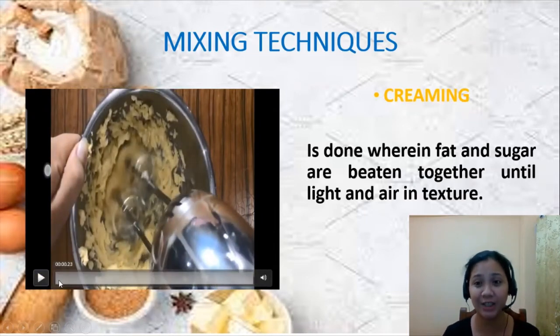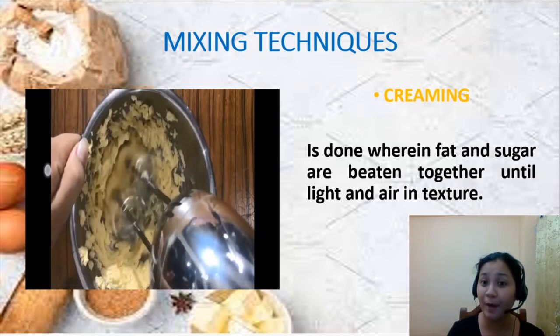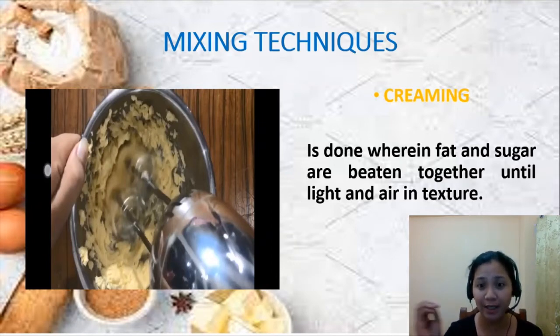Okay, so that's the creaming method. First we put the butter and cream it to make it light and fluffy. After that, you can mix your sugar in to incorporate it into the mixture.